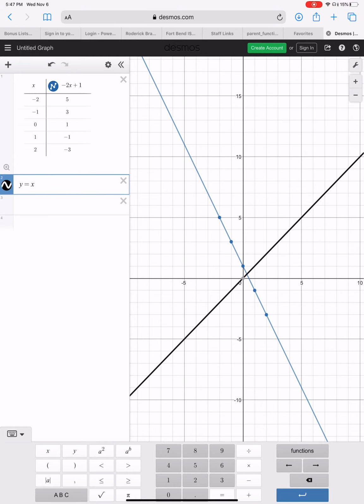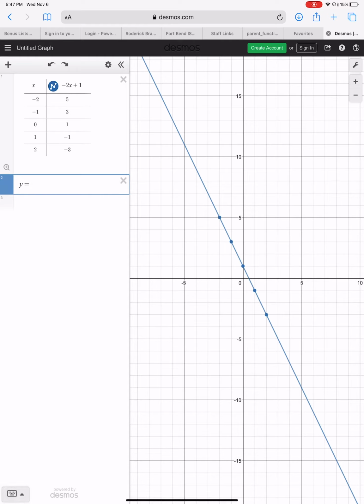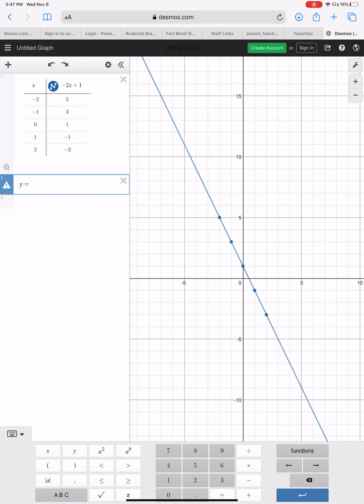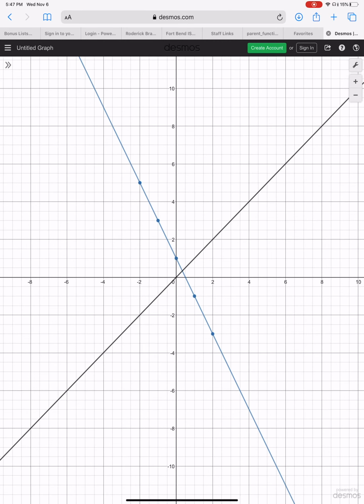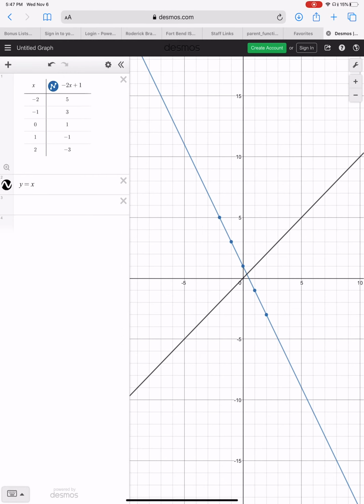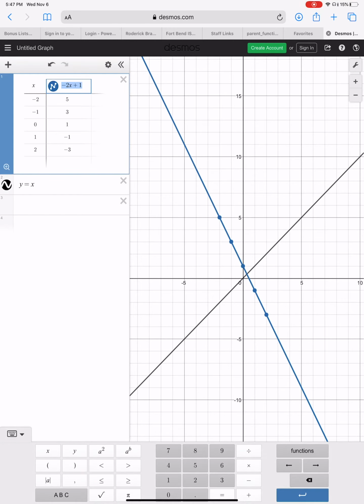Okay, let me revert back to this. Oh, my bad. The X back and hit enter. Let's go back to, man, trying to go back to the function. Like the actual function.